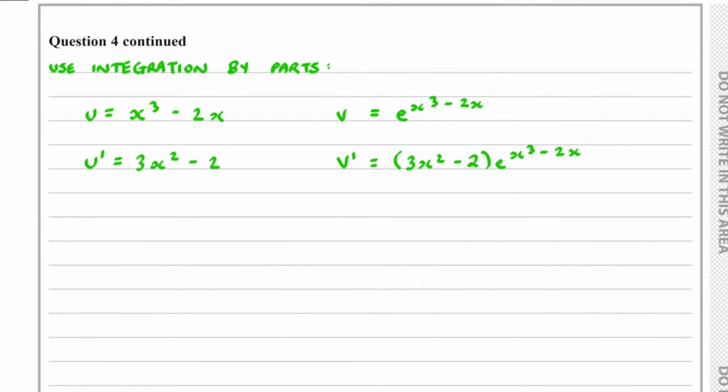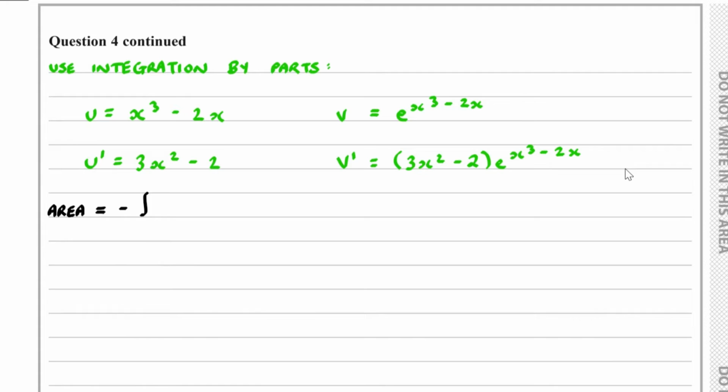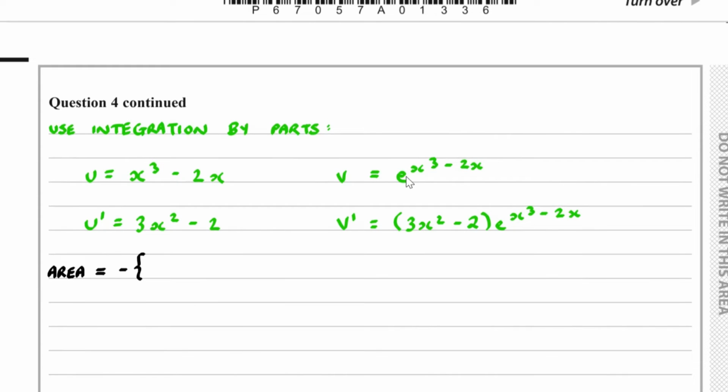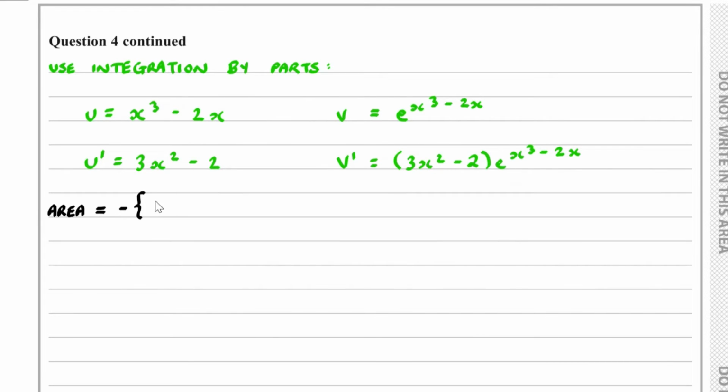So we can say that the area then is equal to minus the integral of, well, I've got all this result here, and if I use by parts, the minus is going to stay where it is, and if I open up curly brackets, what we have is u times v, so we'll put this in a square bracket.